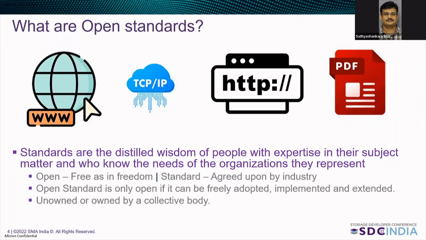It's a collective responsibility at the end of the day. So this is a very high-level definition of open standards and some very old examples of the open standards that we have seen so far.